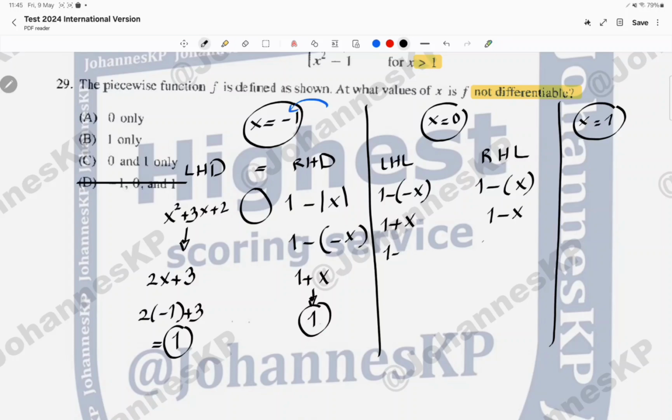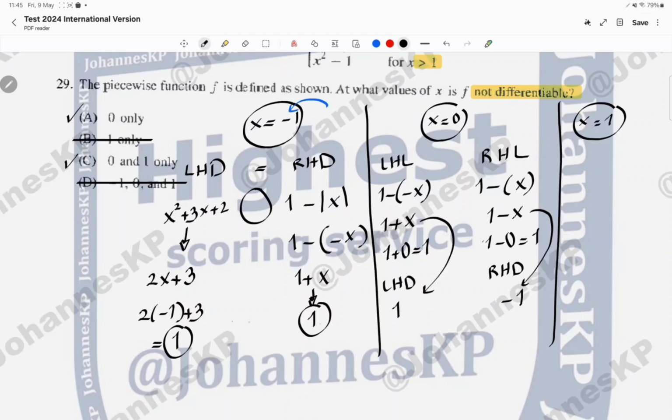So plug in 0. 1 plus 0 is 1. 1 minus 0 is 1. So it is continuous. But is it differentiable or not? Let's check. Left-hand derivative, right-hand derivative. If we differentiate this guy, it becomes a 1. Differentiate this guy, it becomes a minus 1. Are they equal to each other? No. So it's not differentiable at 0. So it has to be either A or C, but not B.